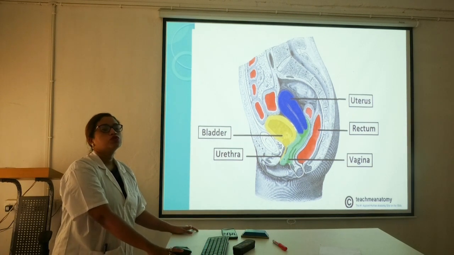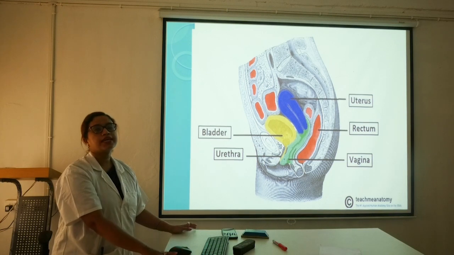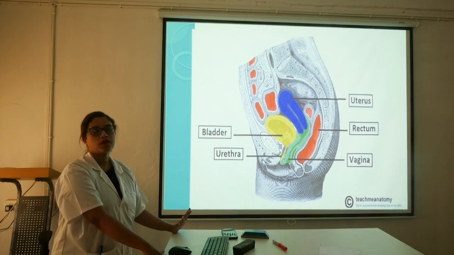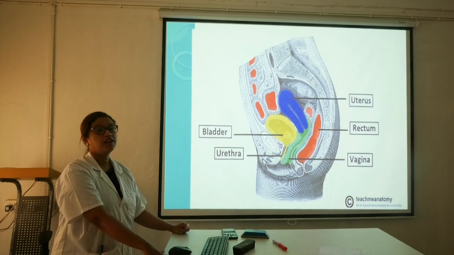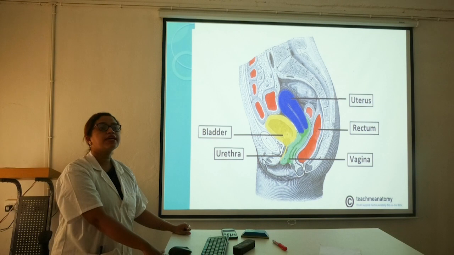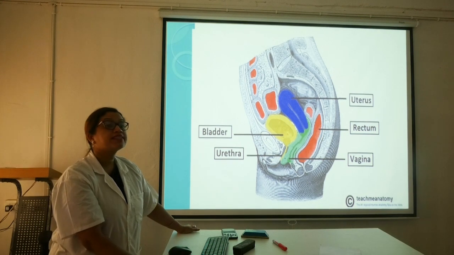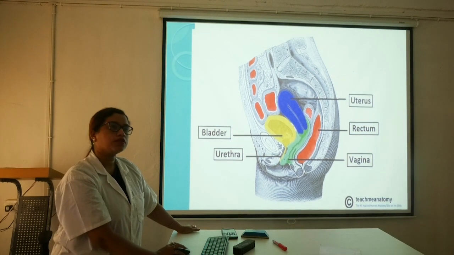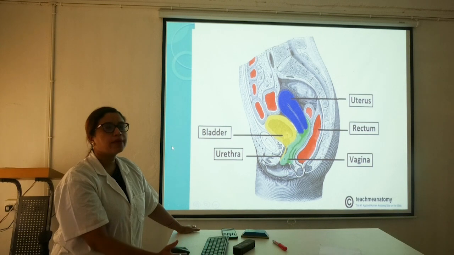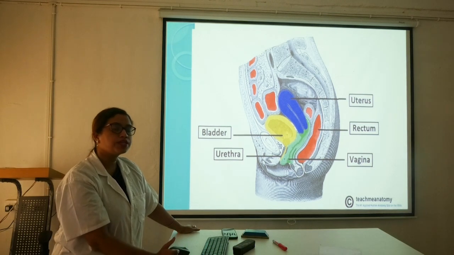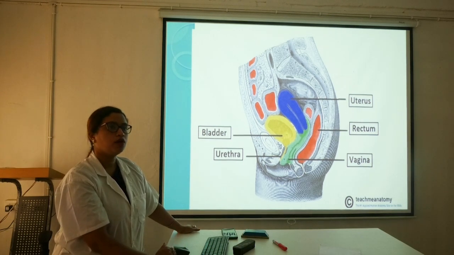So which is the most dependent pouch in case of male? Pouch of Morrison, that is known as the hepatorenal pouch, which lies between the liver and right kidney. Okay. Today study the pouch of Morrison. Okay. So in case of male, the most dependent is the pouch of Morrison. In case of female, it is the pouch of Douglas.